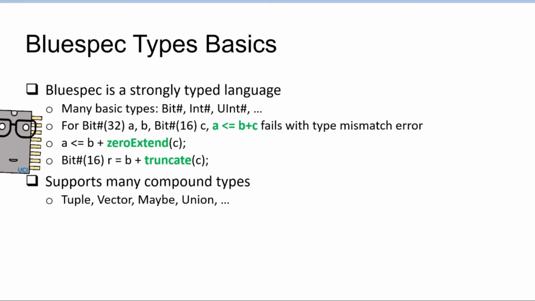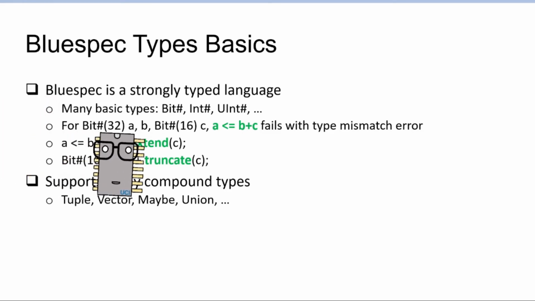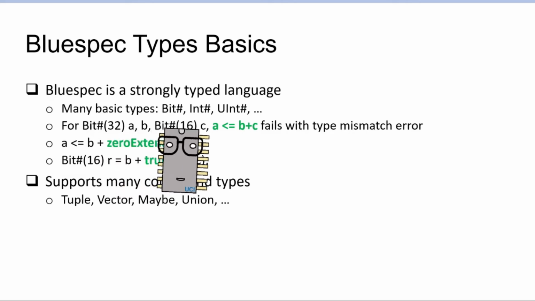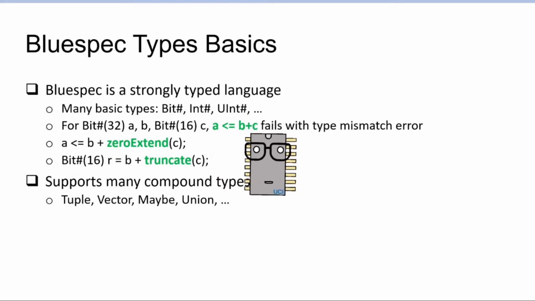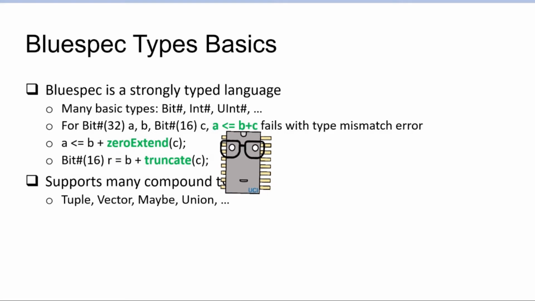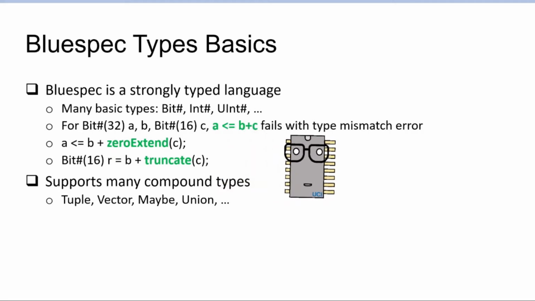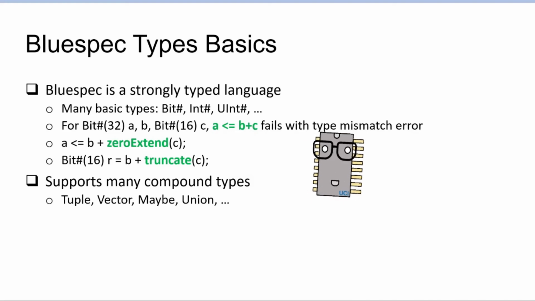Strongly typed meaning if we have a Bit 32 of A, B, and then Bit 16, a smaller one, of C, and I try to do A equals B plus C, BlueSpec doesn't automatically extend or truncate these values for you. Because B is a 32-bit bit array, and C is a 16-bit bit array, this operation fails during compile time with a type mismatch error.